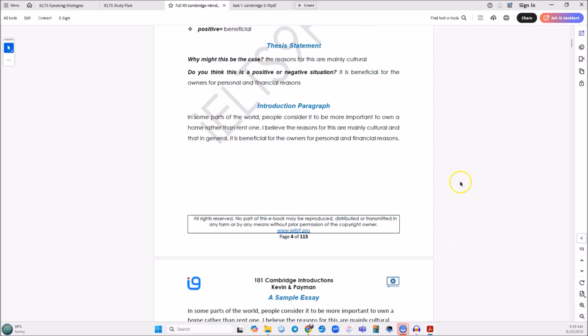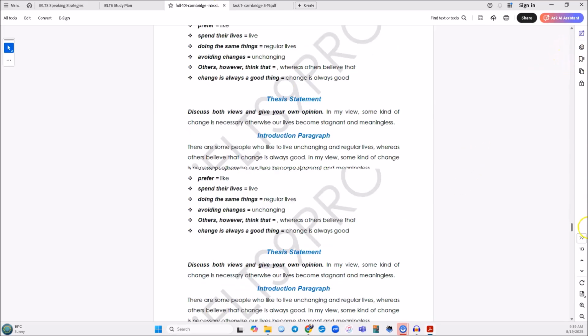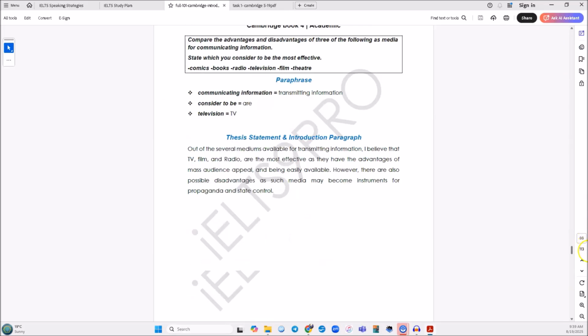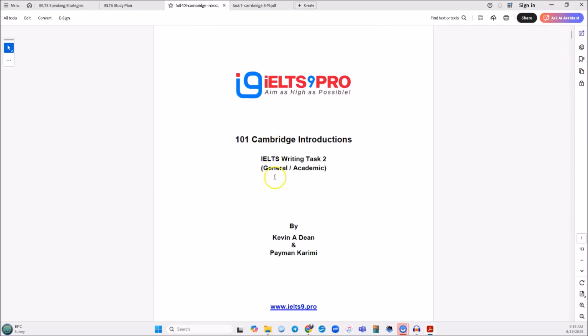I think it's got sample essays to everyone, does it? No, it doesn't. As I say, I haven't looked at these books for a long time. But still, you might find these useful, general and academic.